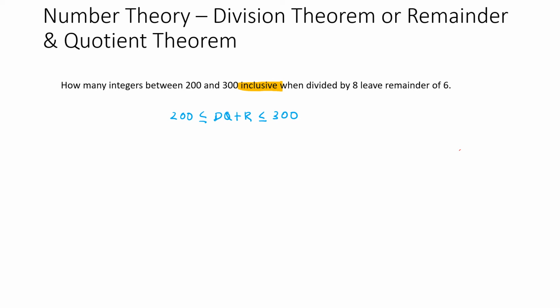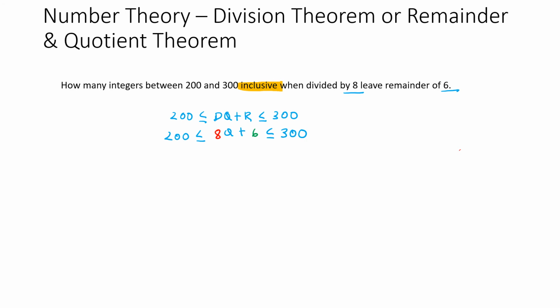Now let's plug in the values provided. We have the divisor of 8 and a remainder of 6. So 200 is less than or equal to 8q plus 6, which is less than or equal to 300.